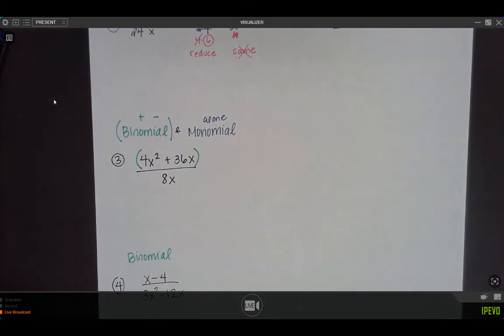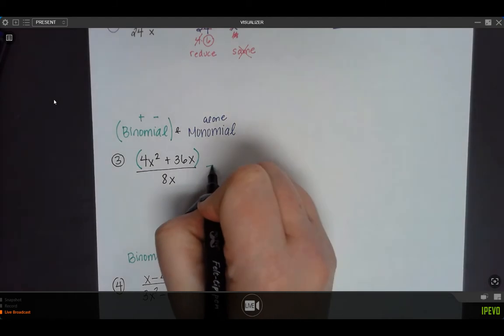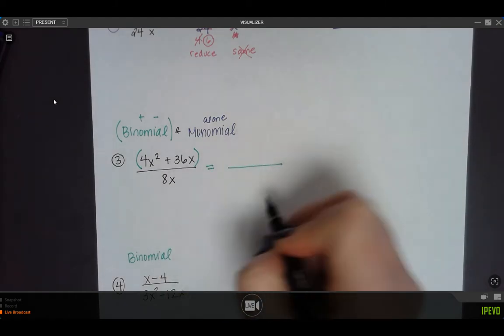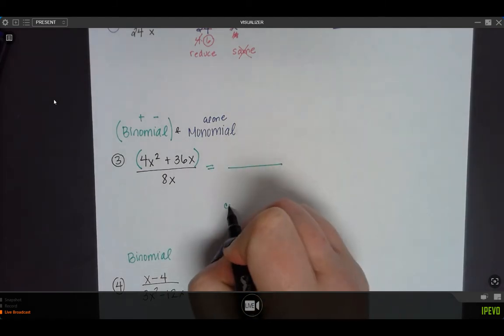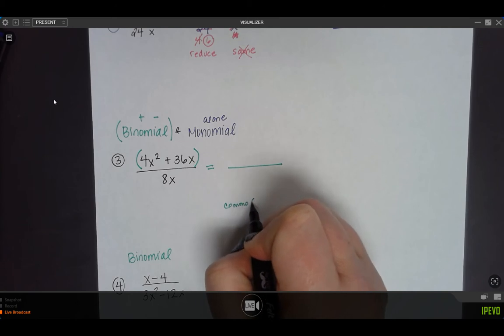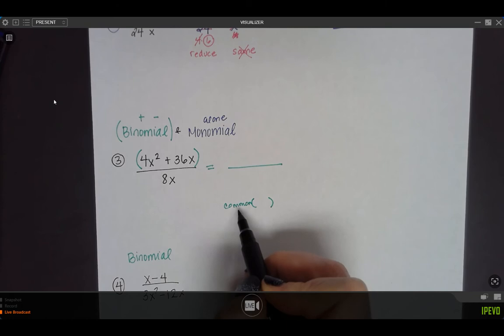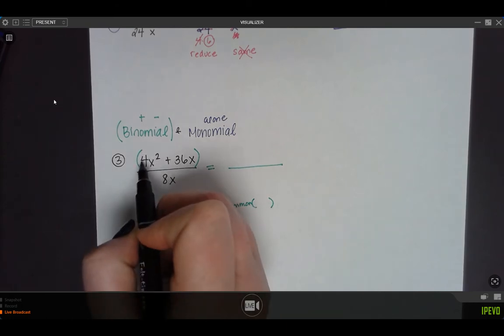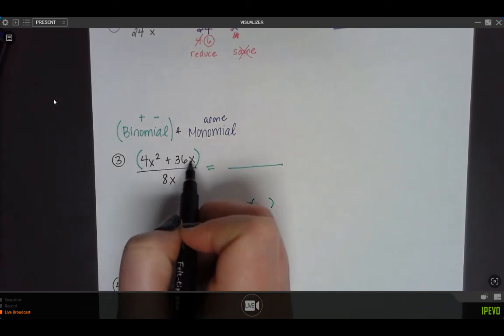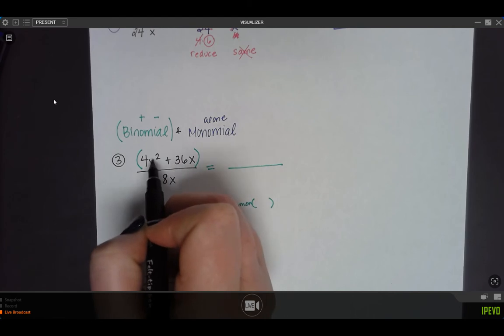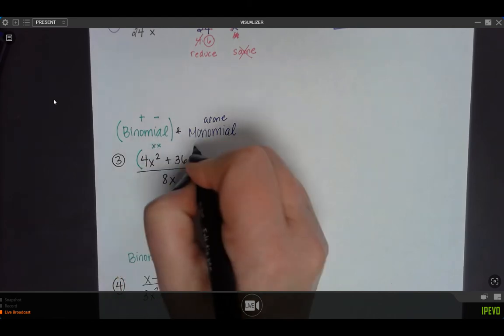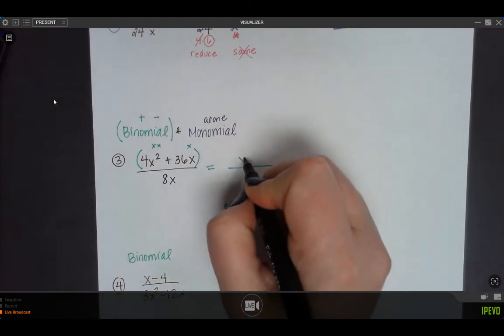So what we're going to do is look for what they have in common inside the parentheses. So we're going to look to see what's in common between 4x squared and 36x. I notice they both have an x, so I'm going to take out an x.